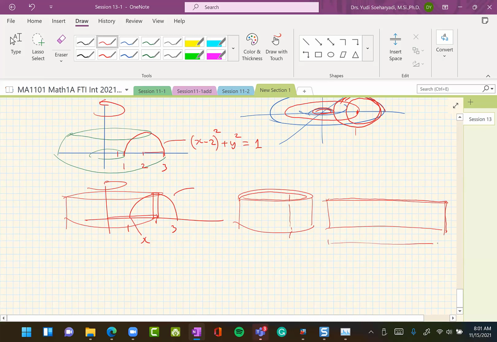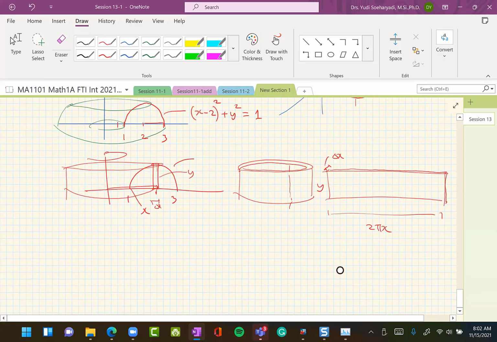So this length is just 2 pi x, the circumference of this circle. Okay, and the height is just y. Thickness is this one, delta x.